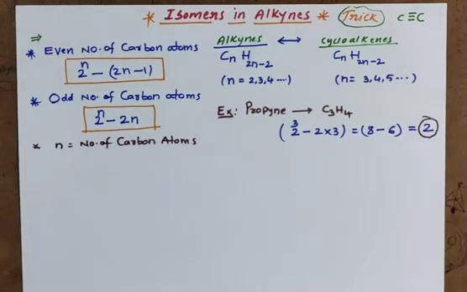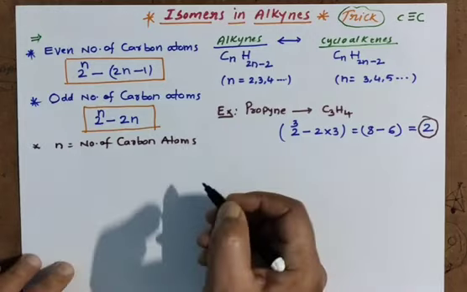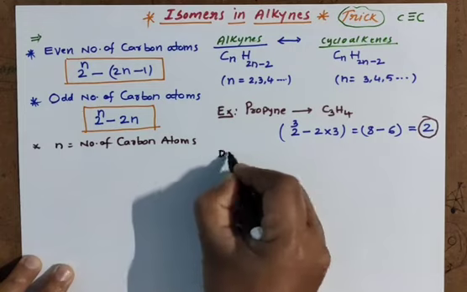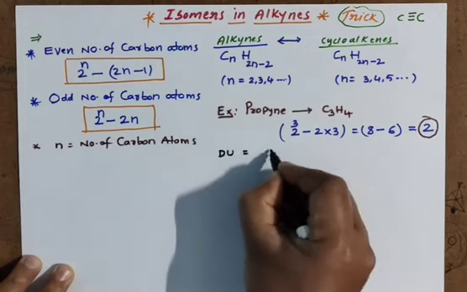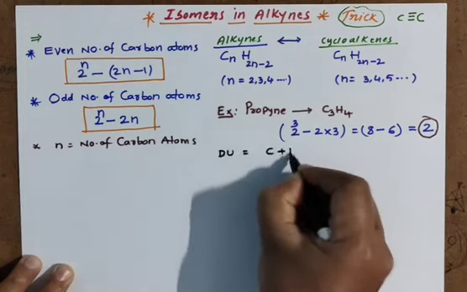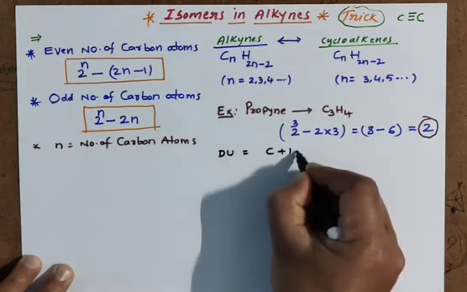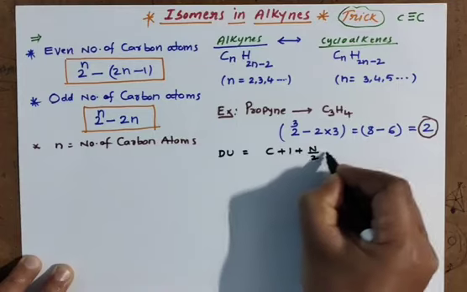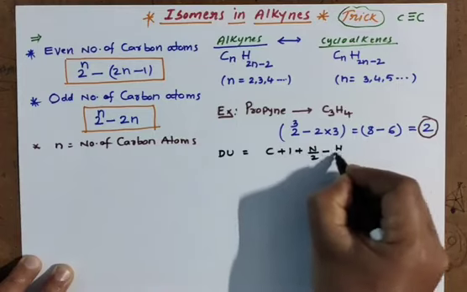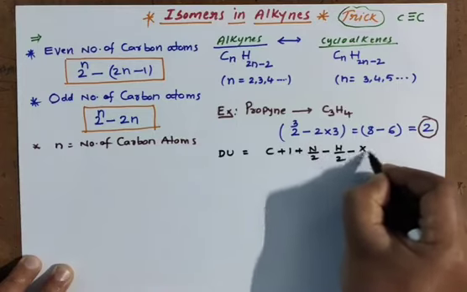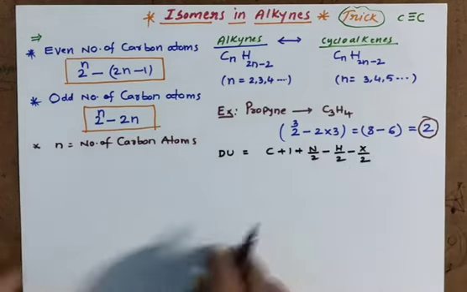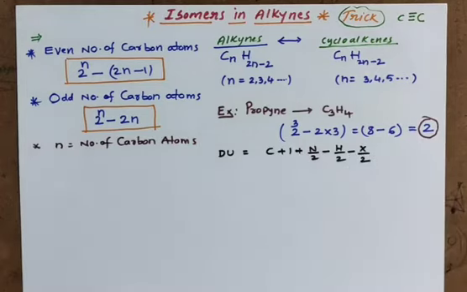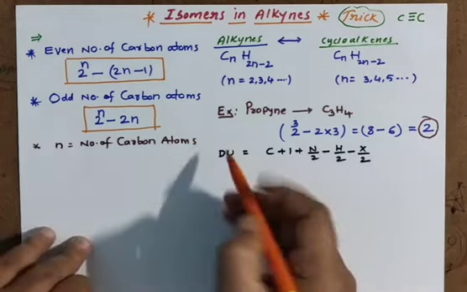Clear? And we have to cross check the degree of unsaturation also. The degree of unsaturation equals the number of carbon atoms plus 1 plus N by 2 minus H by 2 minus X by 2. This is the formula to calculate the number of unsaturated bonds.